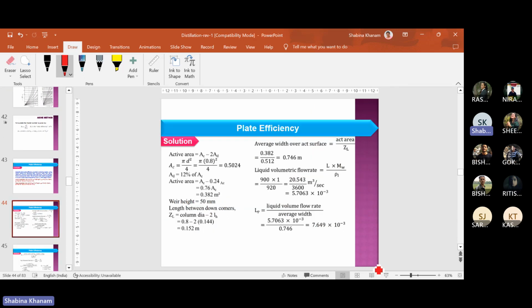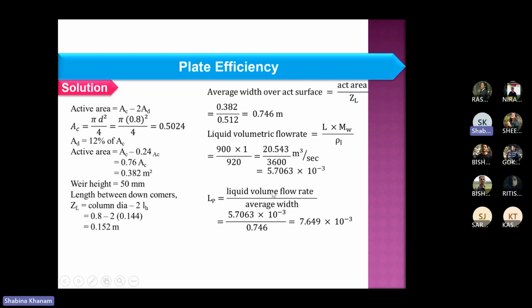So coming back to this slide, column diameter minus 2 Lh, actually this Lh will depend on the downcomer area. How much cut will be there, depending upon that the Lh value will be decided. So for now you consider the Lh value as 0.144, for now only.